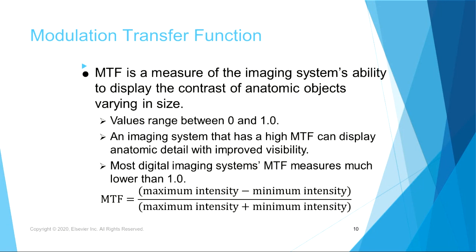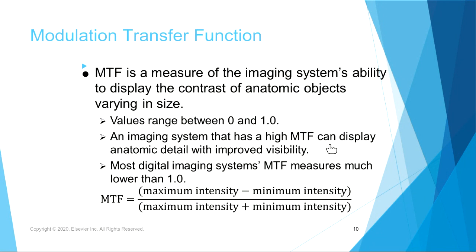So it's a measure of the imaging system's ability to display the contrast of the anatomy of specific objects that vary in size, and it ranges from 0 to 1.0. So if the system has a high modulation transfer function, it can display anatomic detail with improved visibility. But most of the digital imaging systems measure much lower than 1.0.